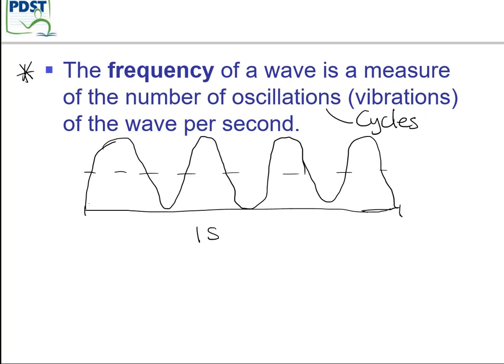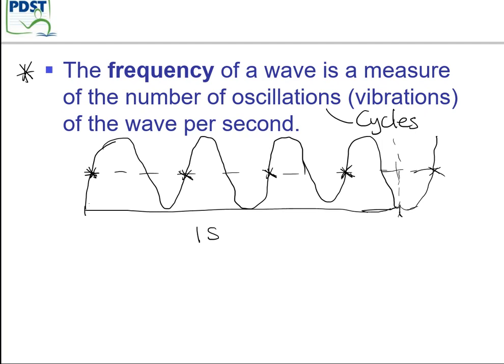So the first cycle starts from here and ends here. So that is one cycle. The second cycle starts from here and ends here. That's another cycle. The third cycle starts from here and ends here. Then the fourth cycle starts from here, but then it doesn't finish. So the cycle keeps on and ends here.